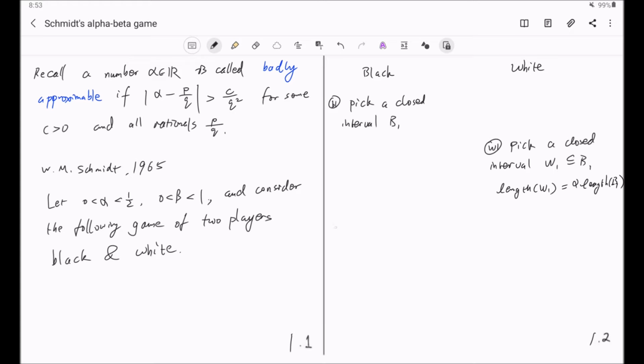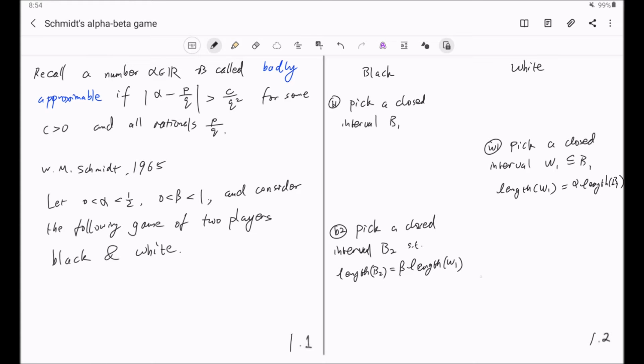In the third step, black will pick a closed interval B2 such that the length of B2 is equal to beta times the length of W1.